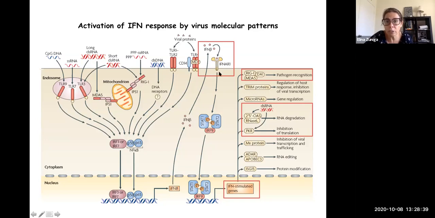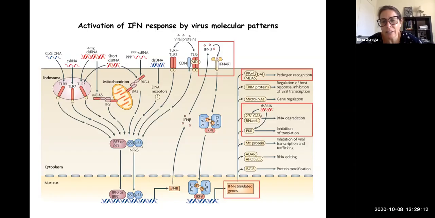But when interferons are present, they will induce high levels of these additional sensors of double-stranded RNA, which will lead to the degradation of RNA from the virus, as well as inhibition of translation. And that, of course, will minimize or counteract the ability of the virus to produce new particles. And this is just two examples.